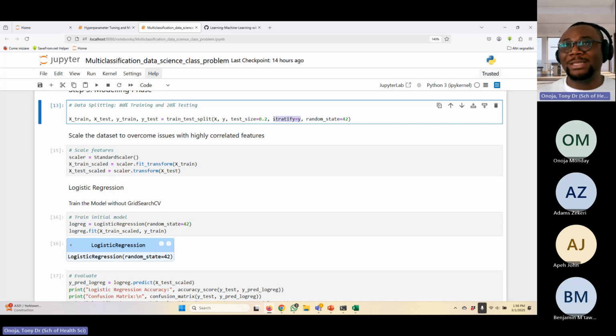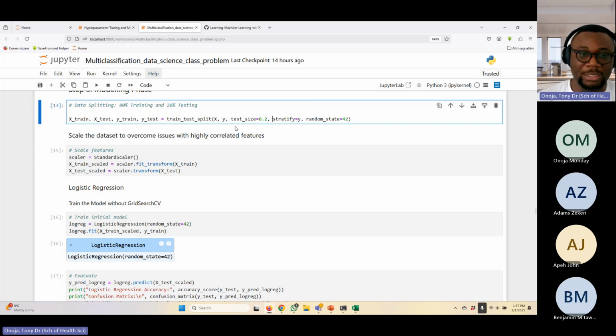That helps you to have identical training and testing sets. If you don't stratify, sometimes you may have high representation in training and less in testing, or high representation in testing and less in training, and that could mess up your data set. So especially when you have three or more classes, stratification becomes important so you don't marginalize one of the classes of the target variable that you're looking at.